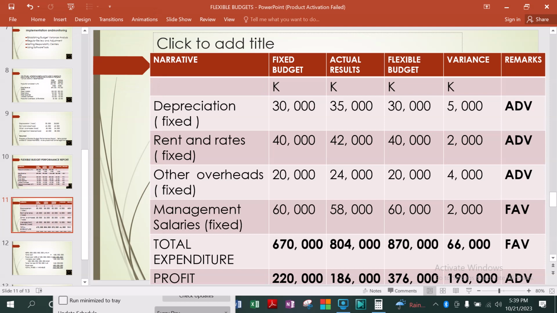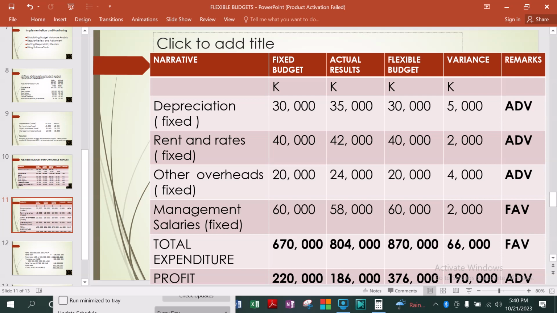So when you look at the costs alone, the costs alone give us a net position of 66 million favorable. The cost alone gives us a net variance of 66 million, which is favorable.